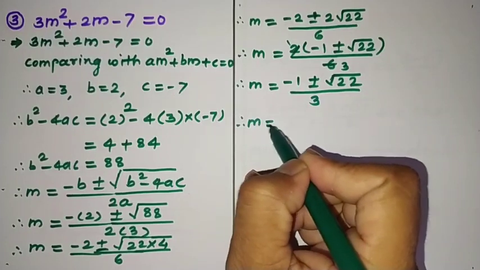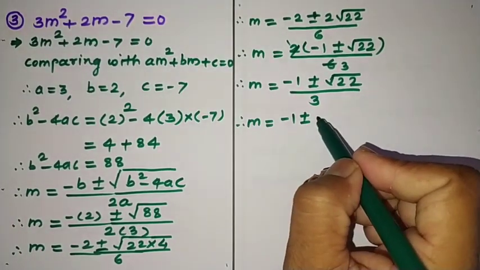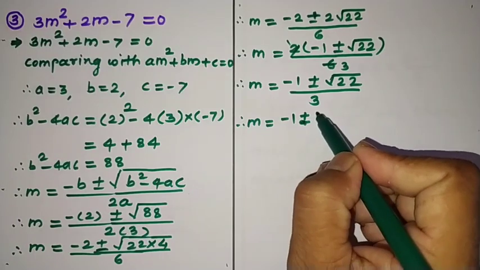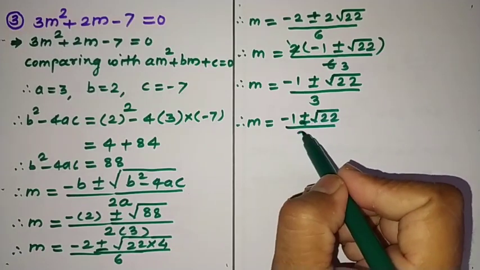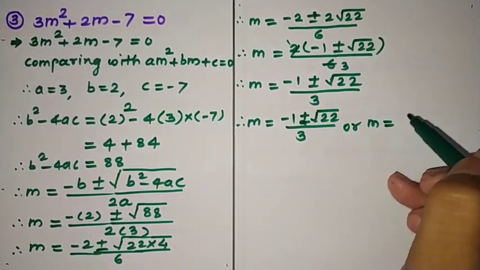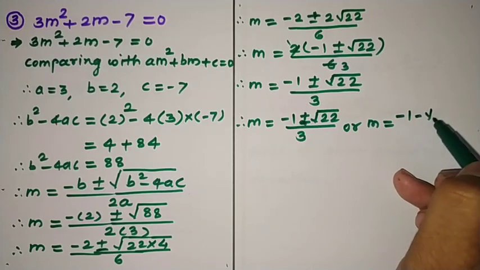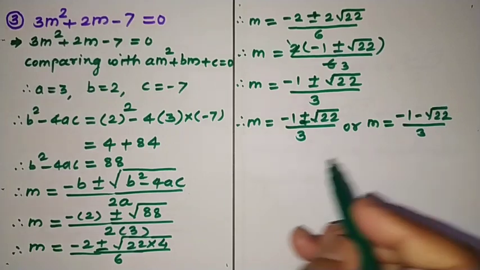Therefore, m is equal to minus 1 plus square root 22 upon 3, or m is equal to minus 1 minus root 22 upon 3.